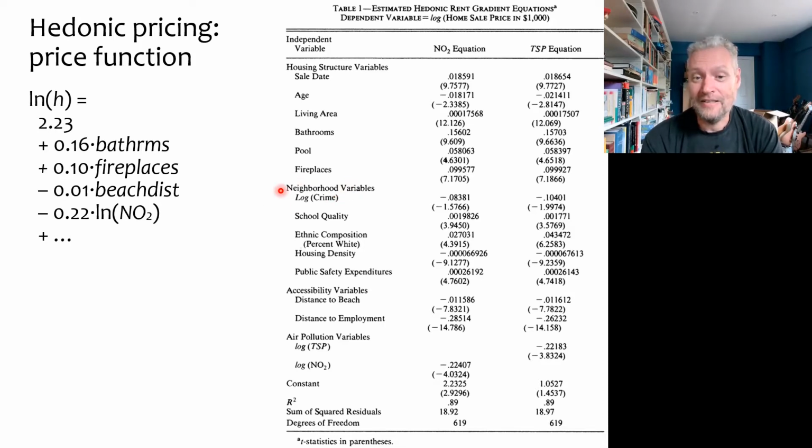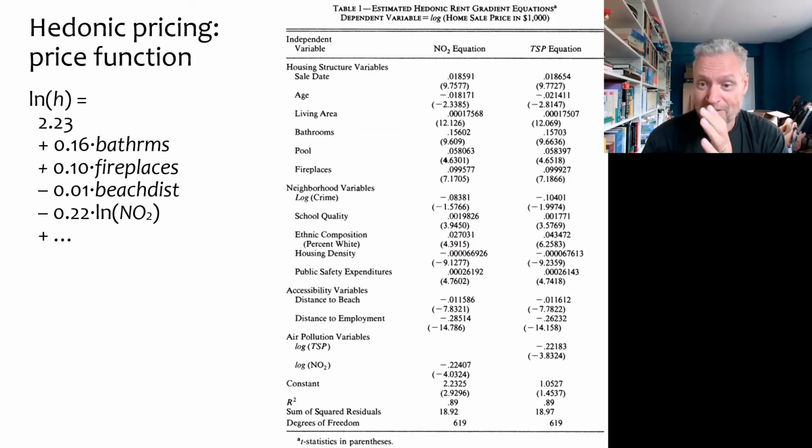The crime rate, school quality, and all these things matter, as you can see, because these are T-stats in brackets. We are in the US, so ethnicity matters, and the whiter the neighborhood, the higher the house price.